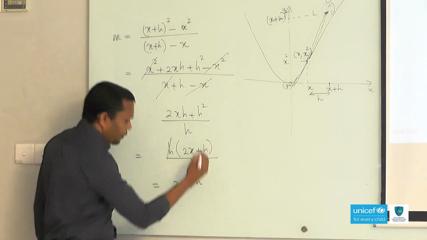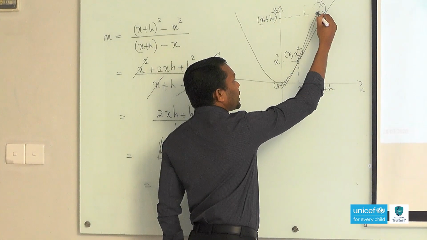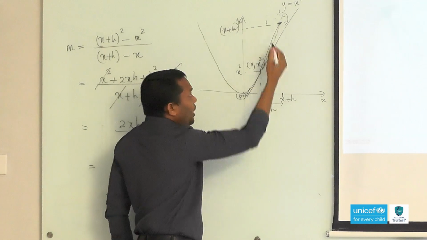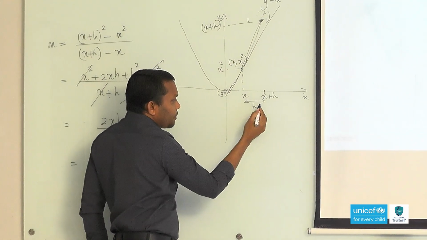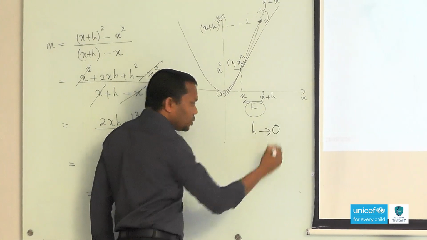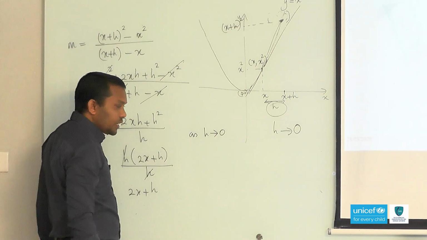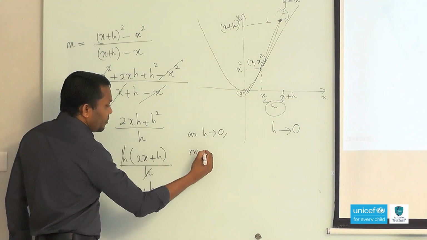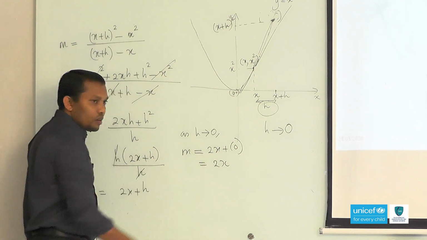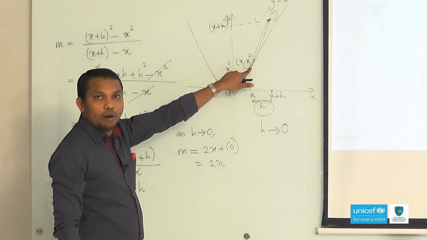2x plus h. Now, what we are interested in is what would happen if I bring this particular point sufficiently close to this point x comma x squared. If I bring this point close here, what would happen is this h becomes very small, and hence h will be close to 0. So, we say as h tends to 0, or h gets closer to 0, the gradient will be equal to 2x plus 0, that gives you 2x, which gives you the derivative of this particular function at any arbitrary point.